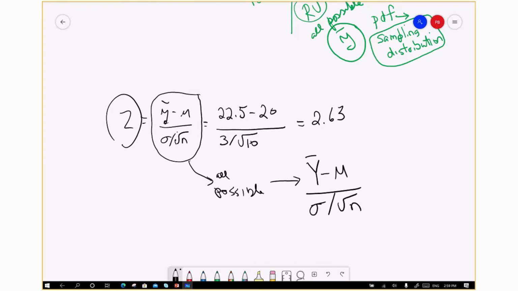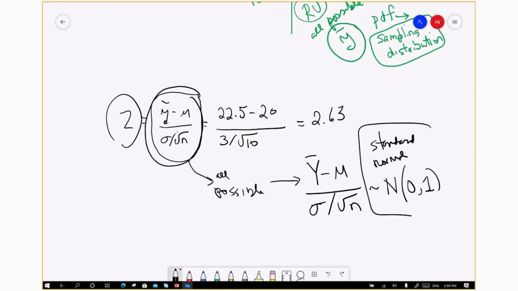And what do we know about all possible values of this? They would be normally distributed with mean 0, standard deviation 1. That's our standard normal. And the whole idea of using the standard normal is that it enables us to use the Z table, and that's what we're going to do now.